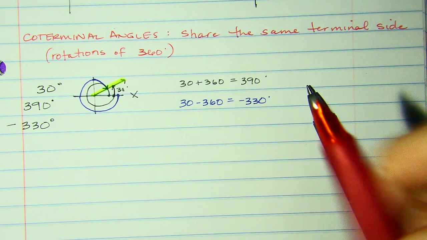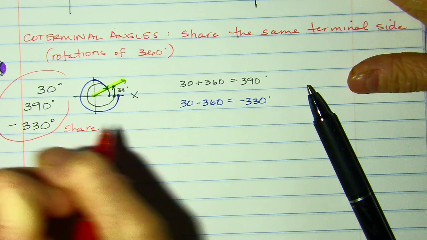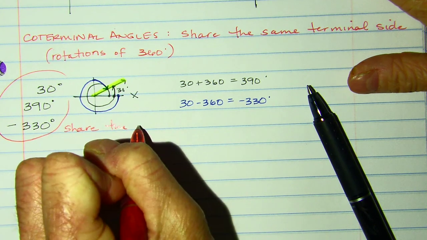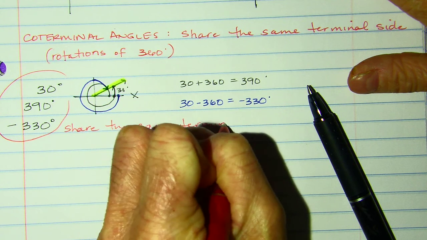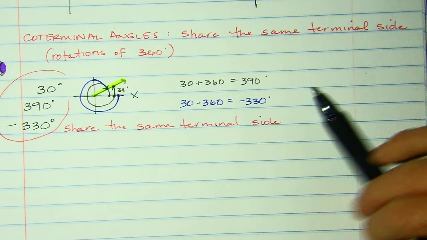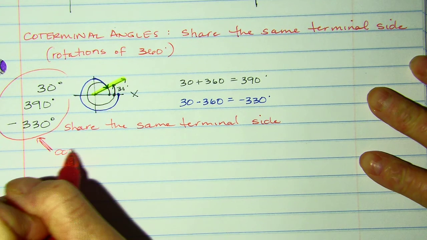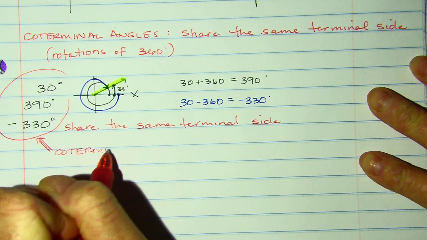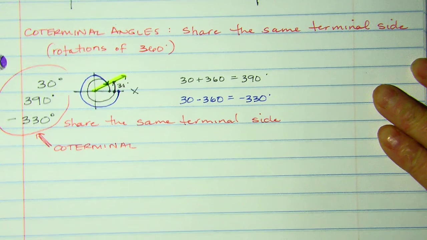So all of these angles share the same terminal side. So we would say they are coterminal because they all put us in the exact same place.